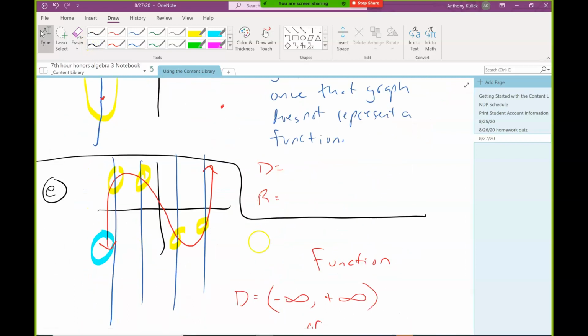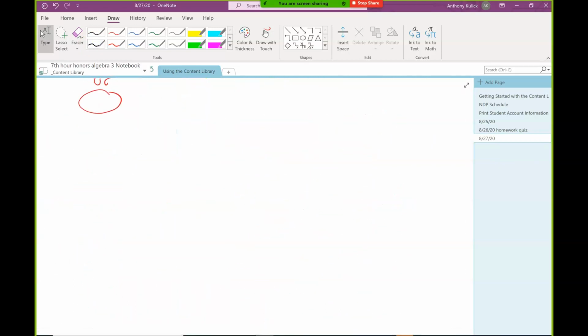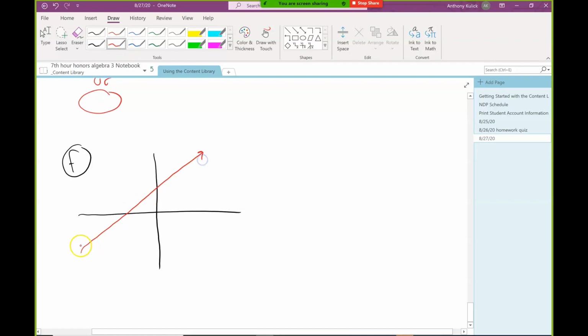Let's do another. C, D, E, F. So this one, we have this diagonal line and this extra point.